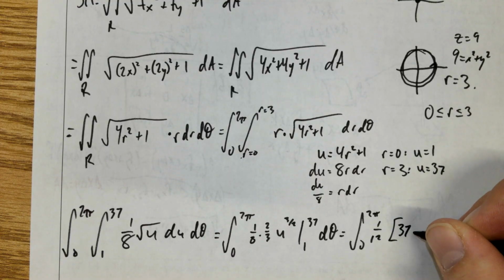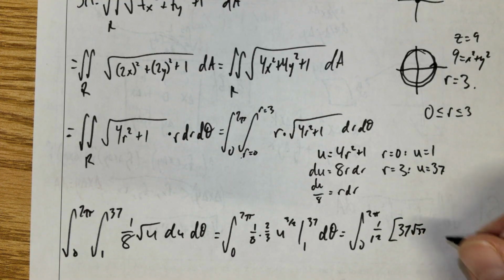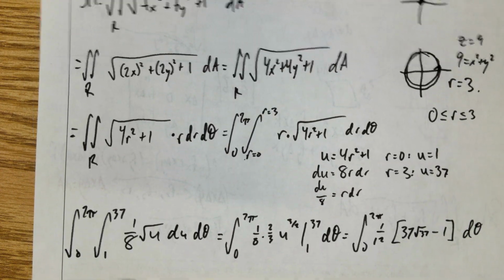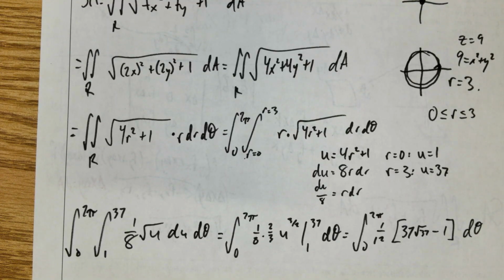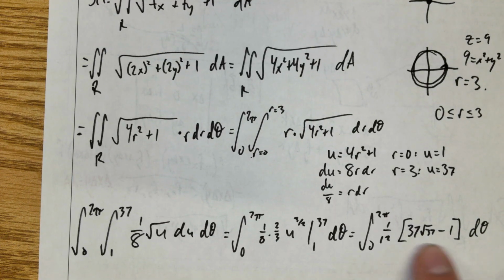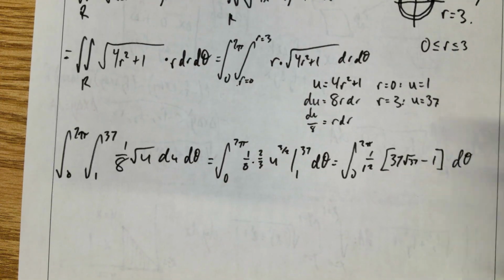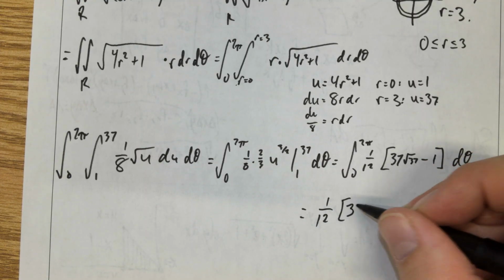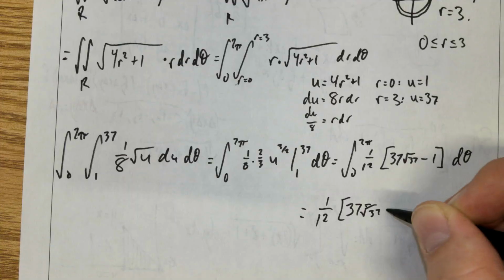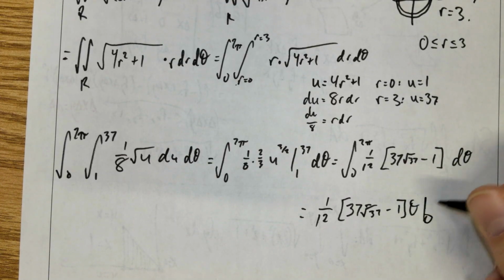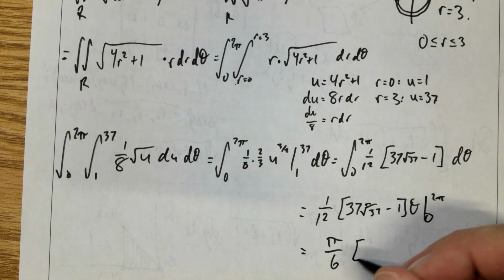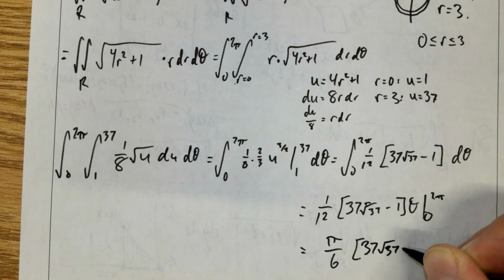This is getting bad. 37 rad 37 minus 1 d theta. And the good news or bad news, depending on how you want to say it, this is just a constant. My calculator knows what this value is. So now it's just going to be 1/12 times 37 rad 37 minus 1 times theta from 0 to 2 pi, which is pi over 6 times 37 rad 37 minus 1.